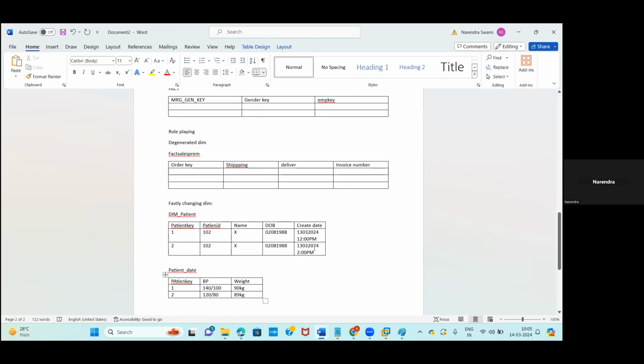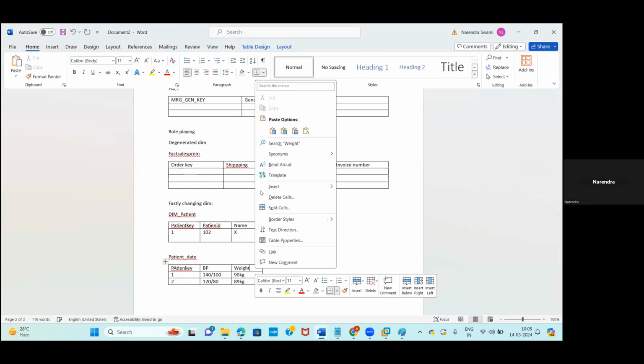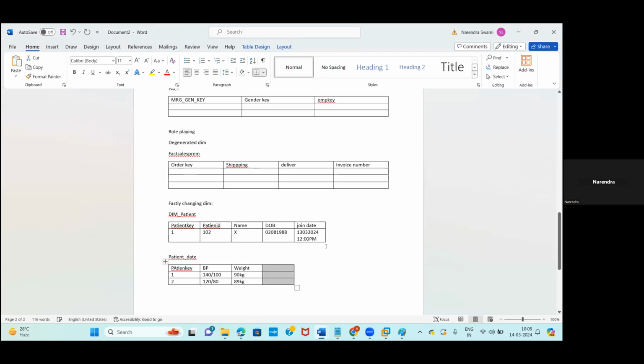Here we are not going to maintain the entire row. We enter this data only once, and this is going to be the join date. And here we will have a create date again, and this create date will be along with the timestamp, create date time, 0303 and whatever 2024.